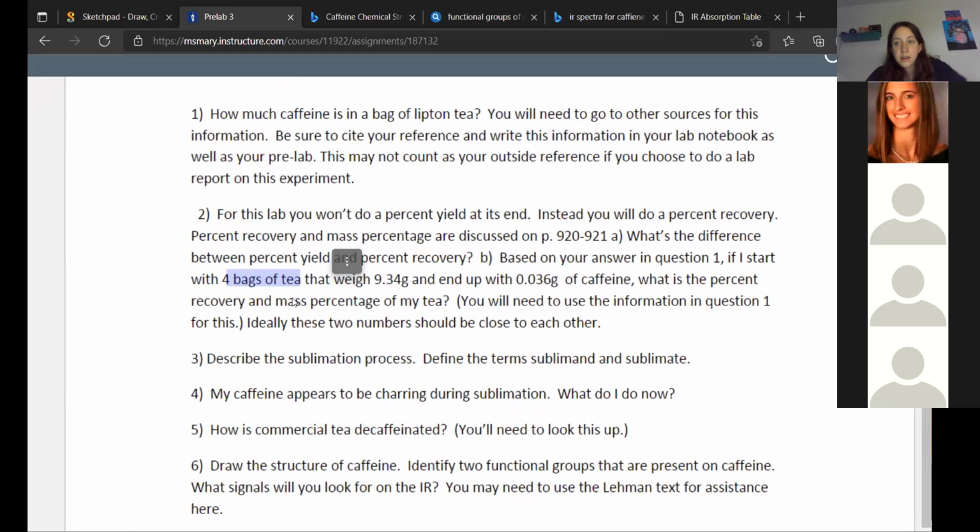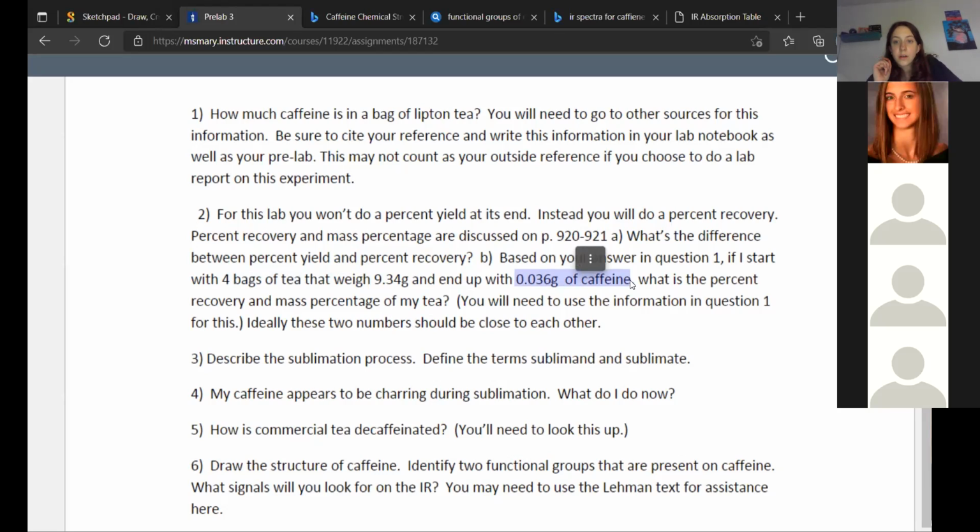So the expected amount of caffeine that you're supposed to have is going to be that 55 milligrams times 4. I don't know the exact calculation, but that is going to be your expected recovered amount. What you got was this many grams of caffeine that were recovered.